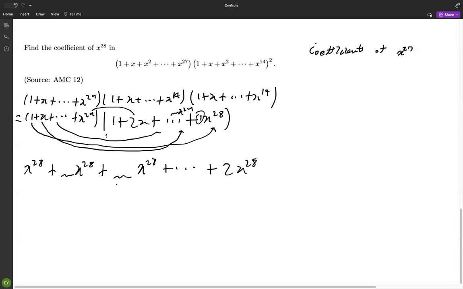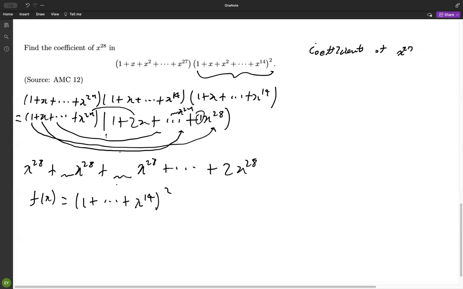So we want to find the sum of coefficients of this vector right here. And that's relatively straightforward. Let's just say that f of x is equal to (1 plus x to the 14) squared.